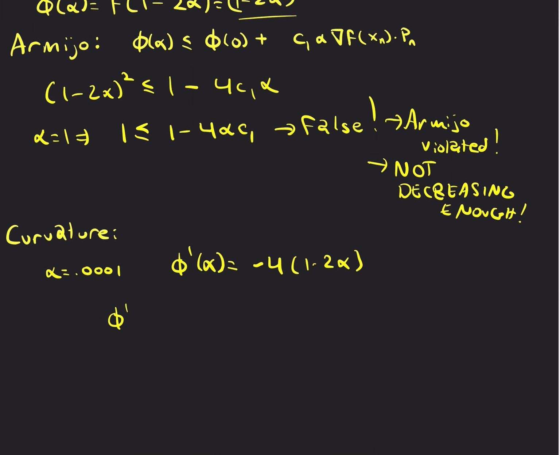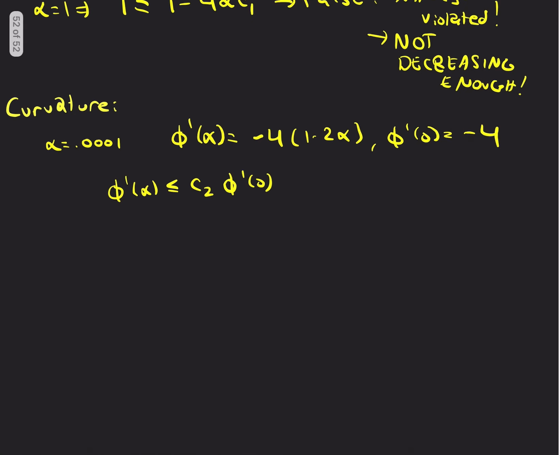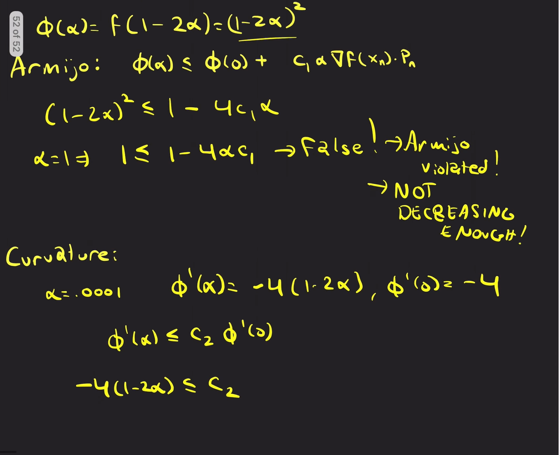We want phi prime of alpha to be less than or equal to C2 times phi prime of 0, and phi prime of 0 is negative 4. Notice that the previous violation holds for any C1, because C1 is strictly greater than 0, so it's 1 minus something; 1 certainly can't be less than or equal to that. It's always false, no matter what C1 is.